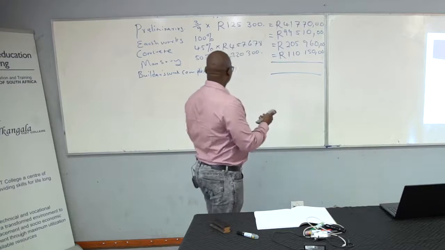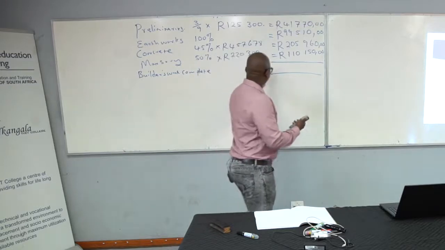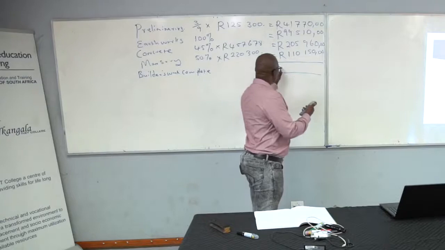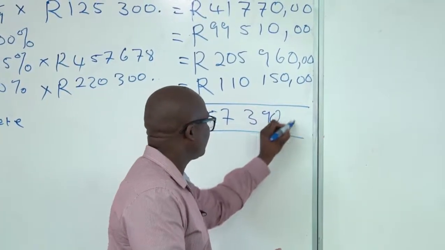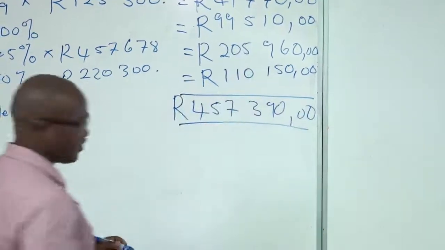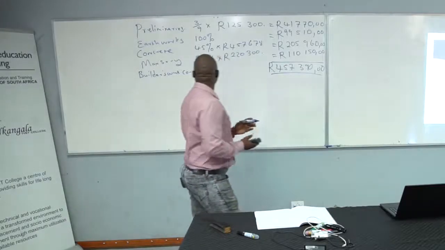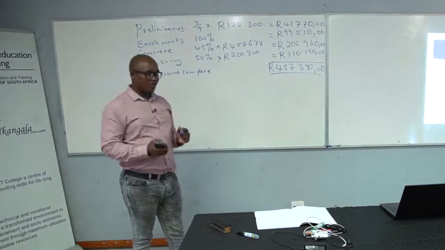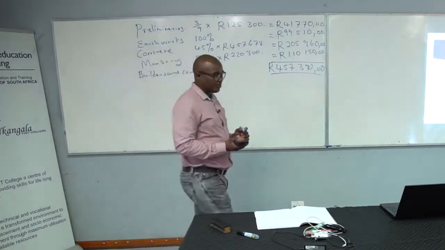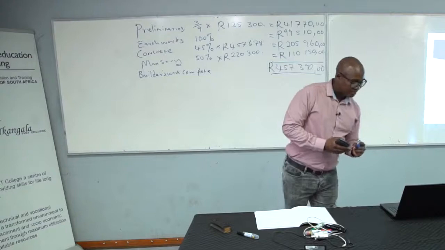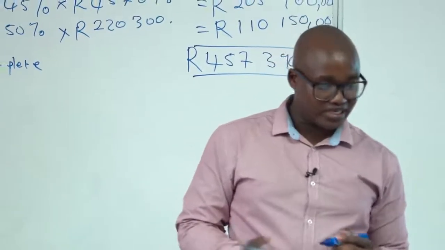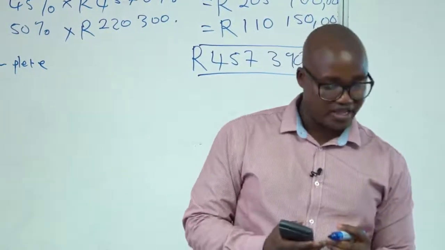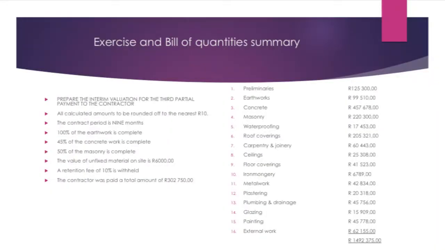The total amount is 457,390 rand. Now, after you have added the builder's work completed, it's where you now have to add the value of the unfixed material on site, which is actually allocated 6,000 rand.